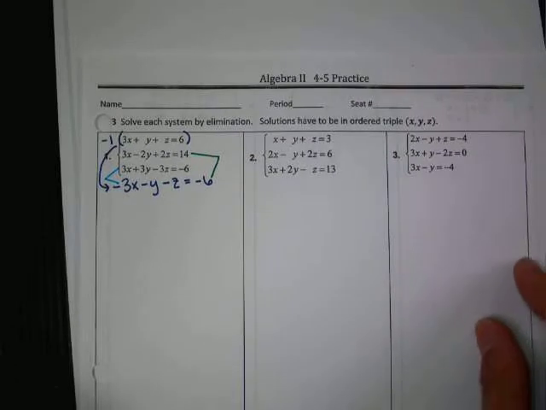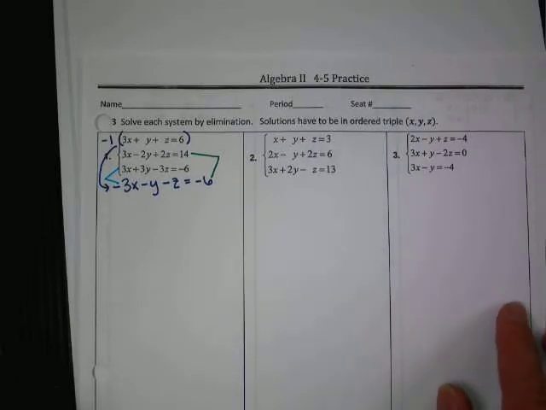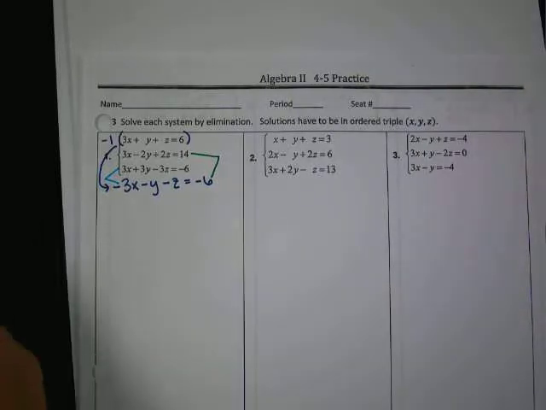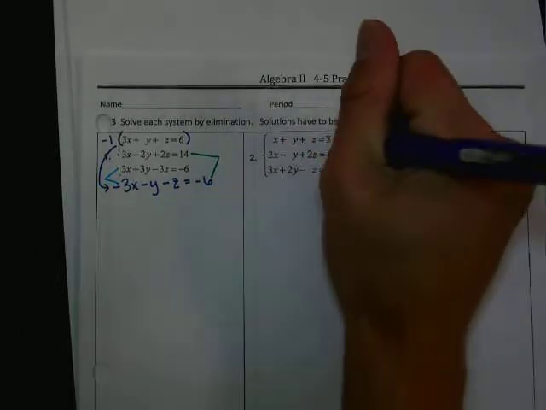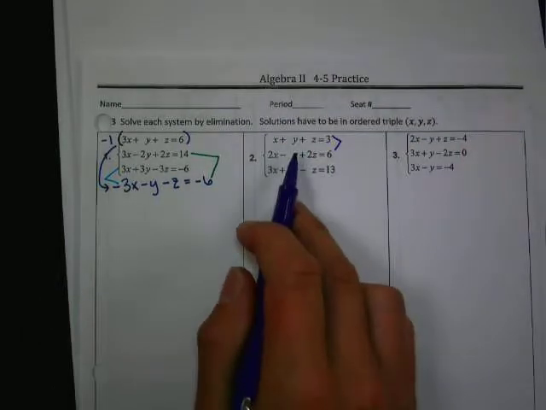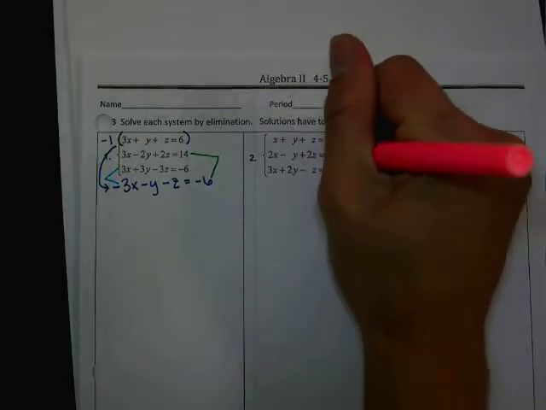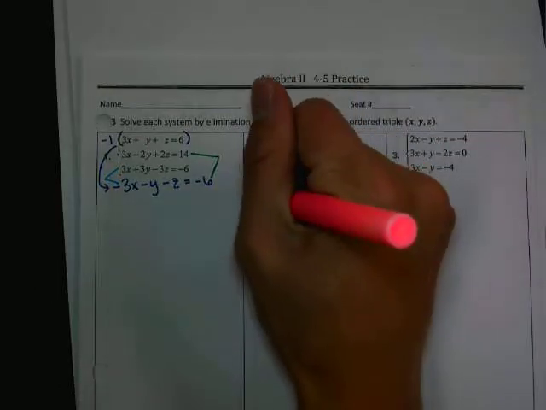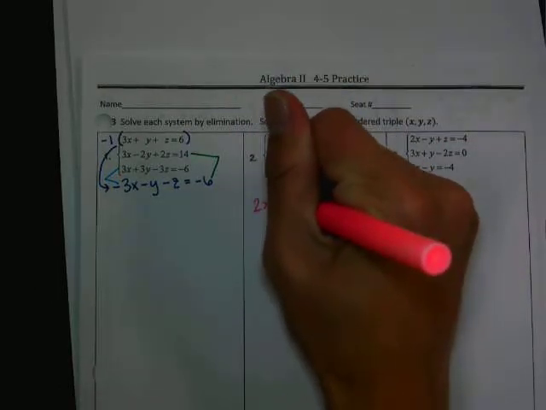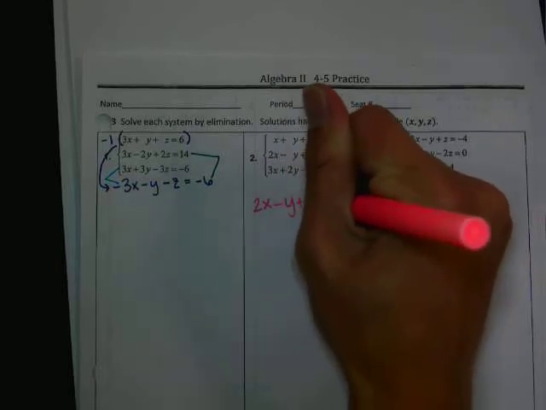On number 2, I think I would probably either eliminate y or z. So let's just say we're going to eliminate y's. If you pair up those two guys, your y's are automatically going to eliminate. And if we pair up these two, we need to multiply 2x minus y plus 2z equals 6.